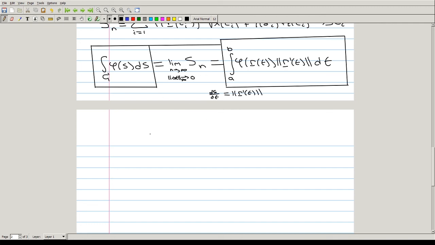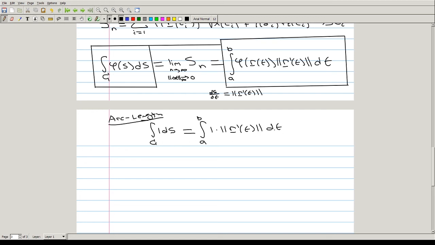Really, what we're seeing right now is that the arc length is just the line integral of the scalar function 1, the constant function 1. You'll recall from arc length, we already showed that the arc length along any curve, if it's parameterized by t, is just the integral from a to b of 1 times the magnitude of the tangent vector dt.